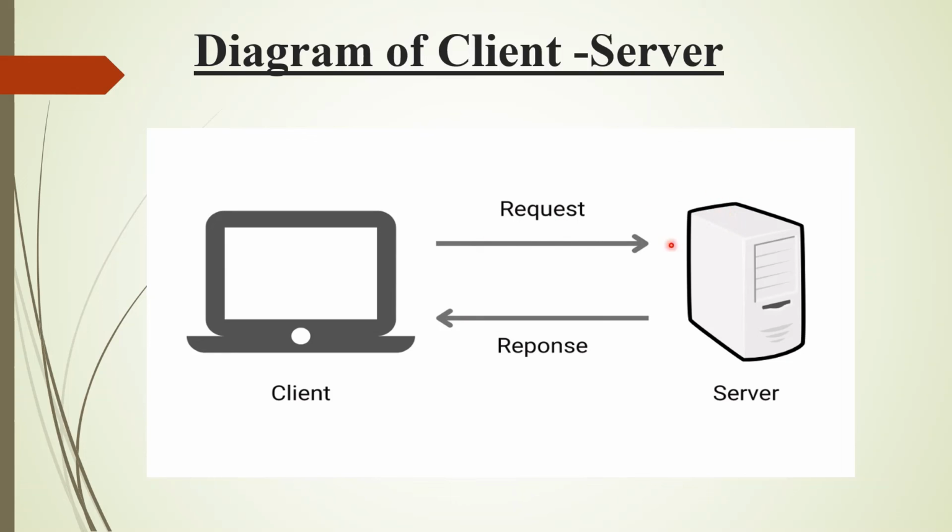If the server finds that the web page is available on the internet or the World Wide Web, it gives the response to the web browser that the page is available, and the content of that web page is made available to the end user with the help of the web browser. So in this, the web browser works as the client and the web server works as the server.